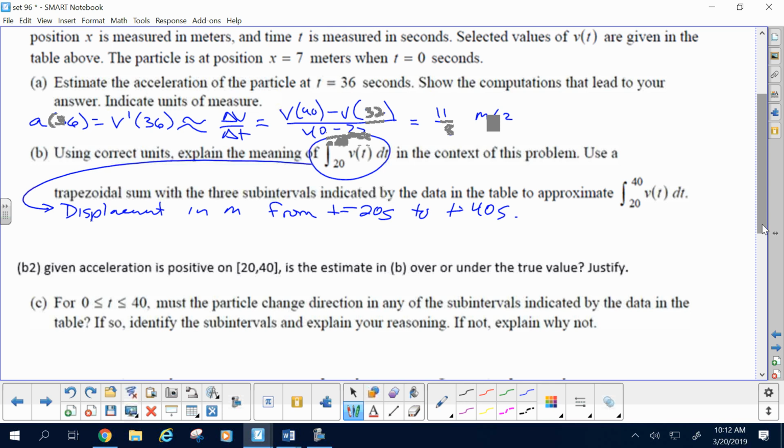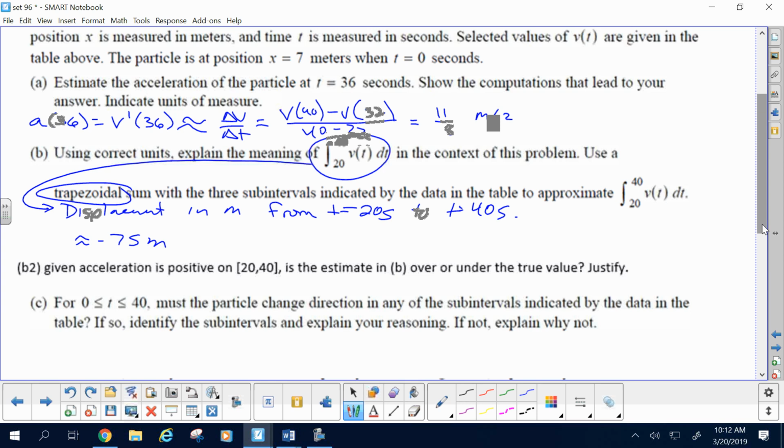It's displacement or change in position in meters, from time 20 seconds to time 40 seconds. All right? Did you get it as an approximation? Maybe something like negative 75 meters. Again, it's an estimate. Trapezoidal sums are estimates. They are not exact. Do not say the integral equals negative 75. It does not. It's an approximation.